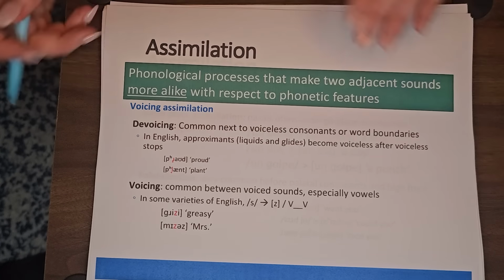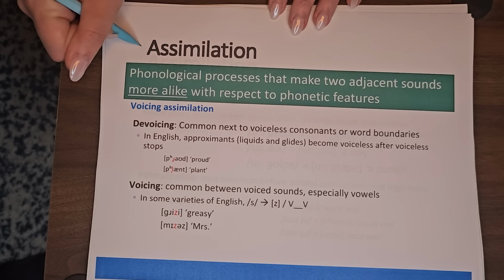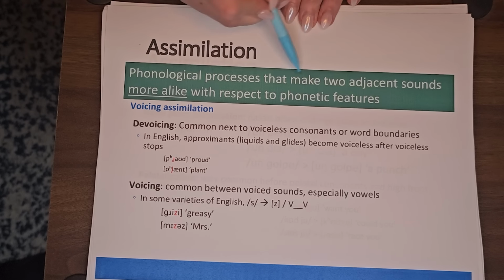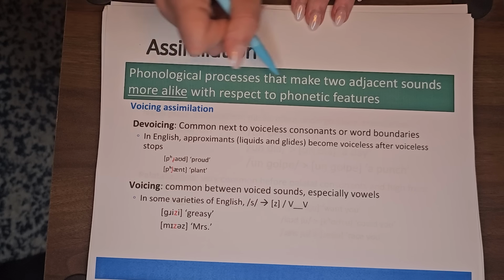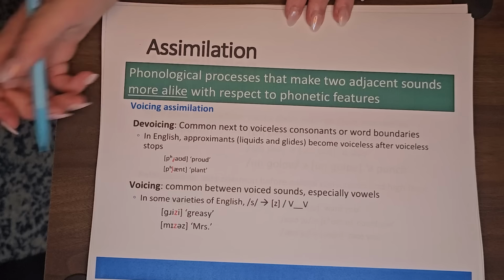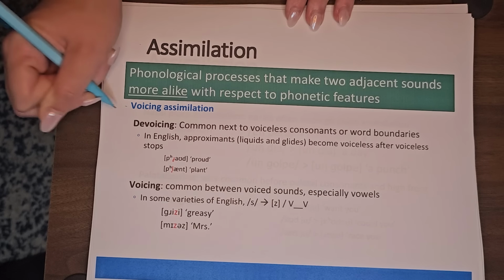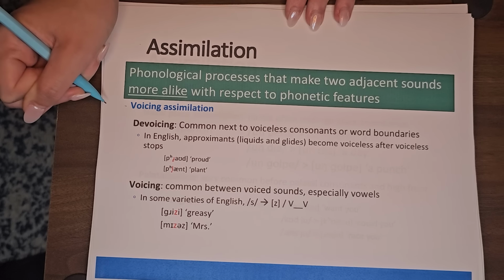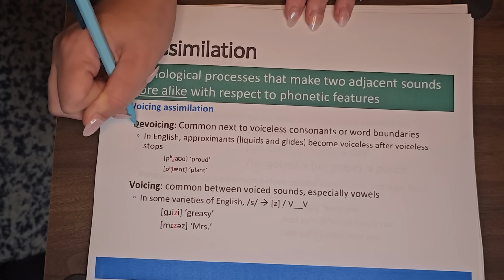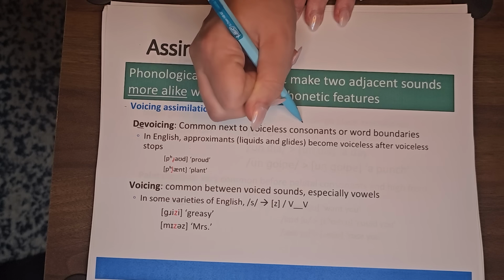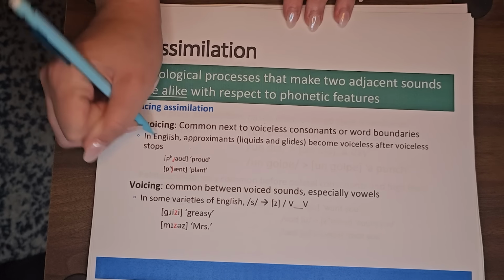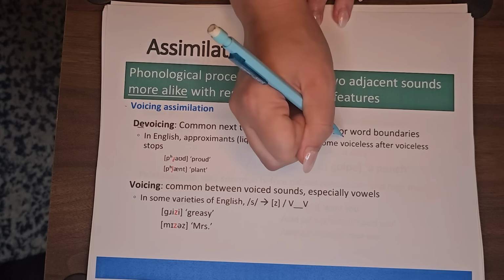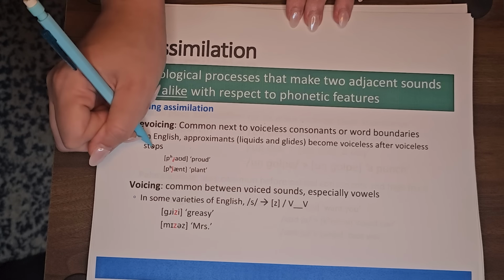So one phonological process is assimilation. This is the process that makes two adjacent sounds more alike with respect to their phonetic features. So a common form of assimilation is voicing assimilation. So devoicing is common next to voiceless consonants or word boundaries. In English, approximants become voiceless after voiceless stops.